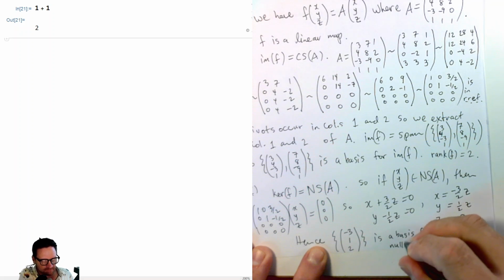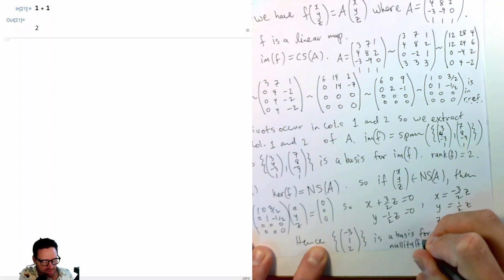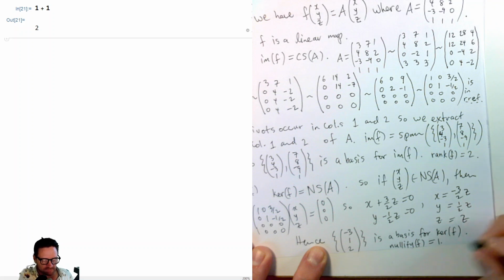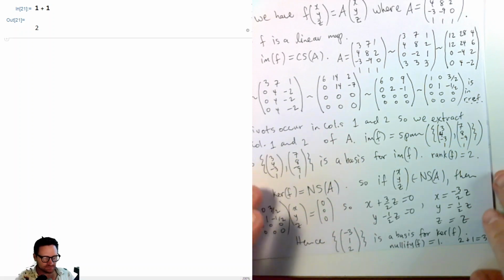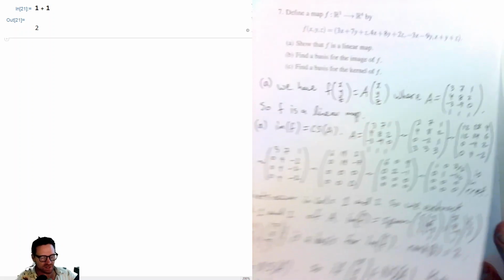So nullity of F is 1. 2 plus 1 is 3, which is a nice little check. Okay, let's move on to question 8.